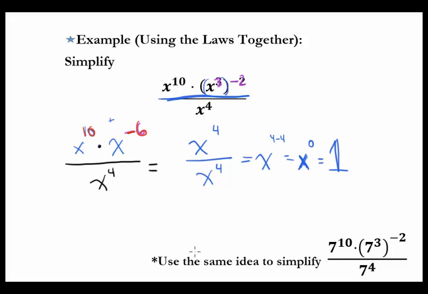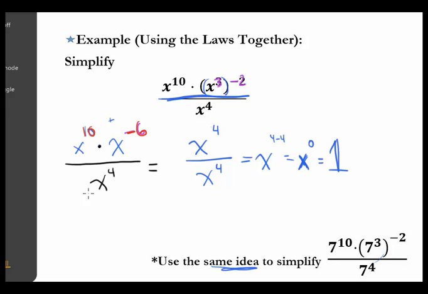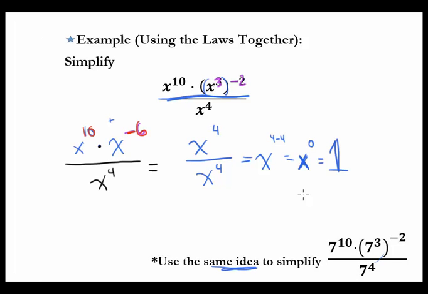And now we say, could we use this same idea to simplify this thing? And we certainly could. The only difference between this and this is that everywhere you see an x here, instead of an x, they're just 7s, but that's okay.